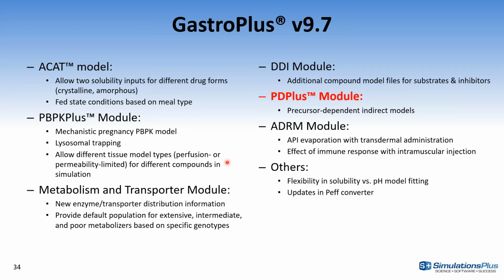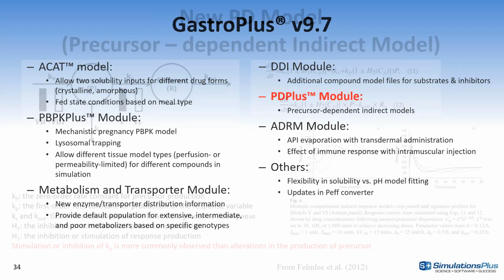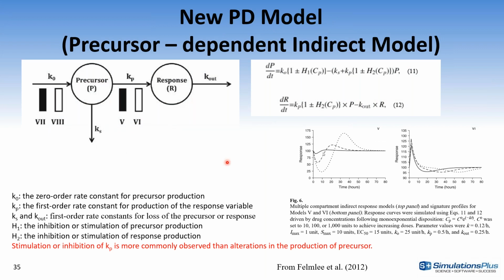We've made additions to the PD module as well, added new precursor-dependent indirect models. This would account for scenarios where the drug exhibits an indirect PD response, which can describe either tolerance or a rebound in the effect due to either inhibition or stimulation of some endogenous mediator or a precursor in the body.